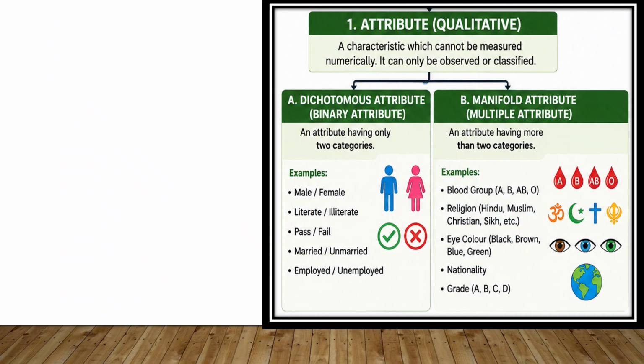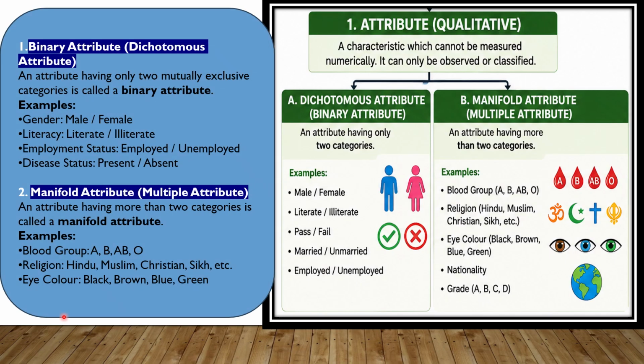Now that we know what an attribute is, let's look at its two types. First one is binary attribute, which has only two mutually exclusive categories, known as dichotomous attribute, and the second one is manifold attribute, which has more than two categories and is known as multiple attribute.